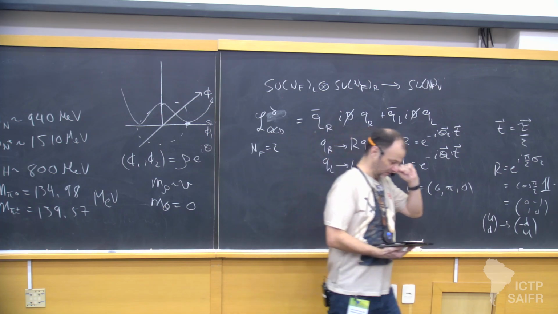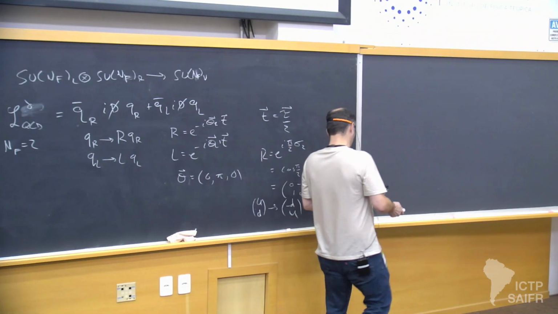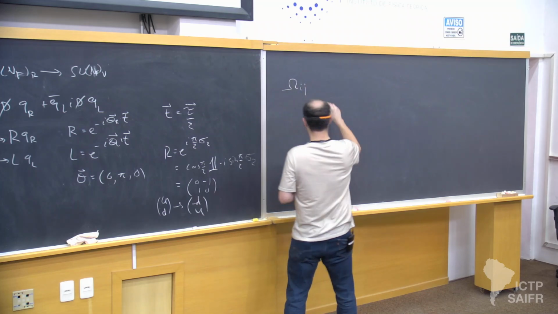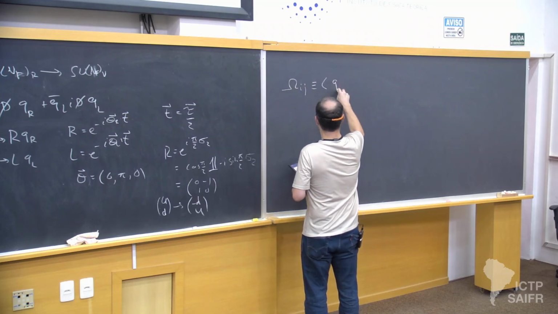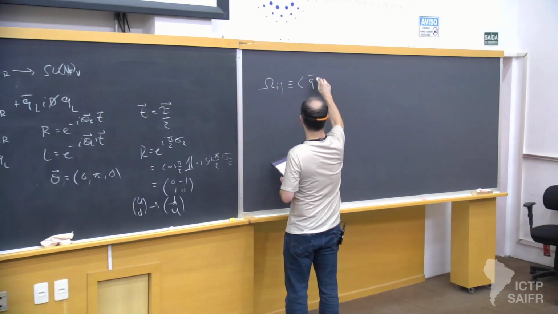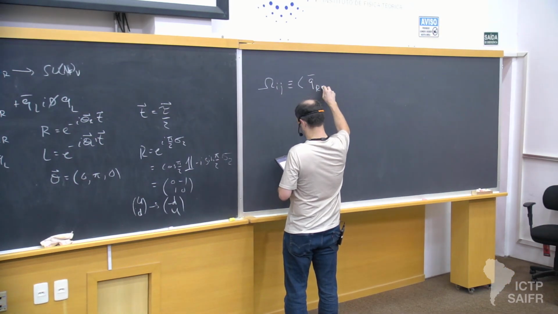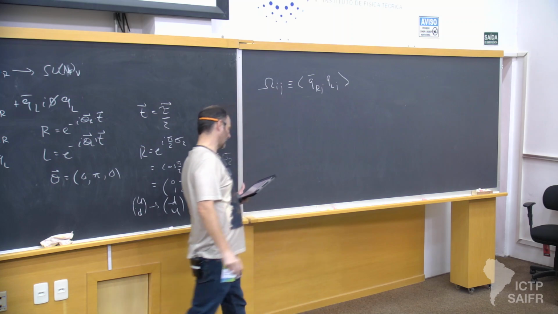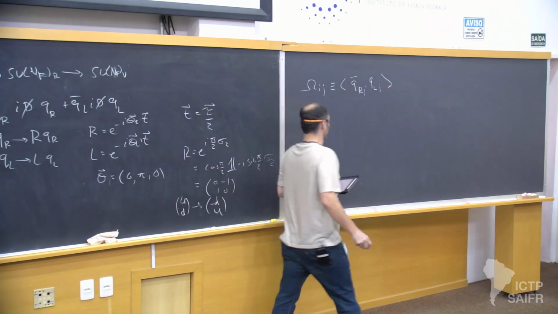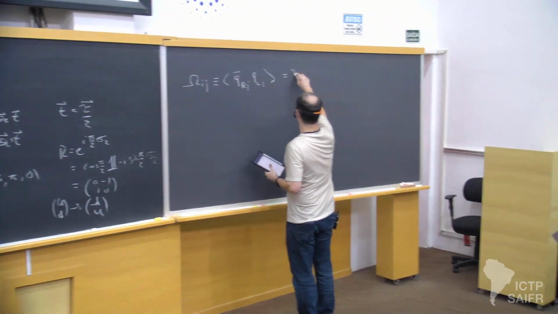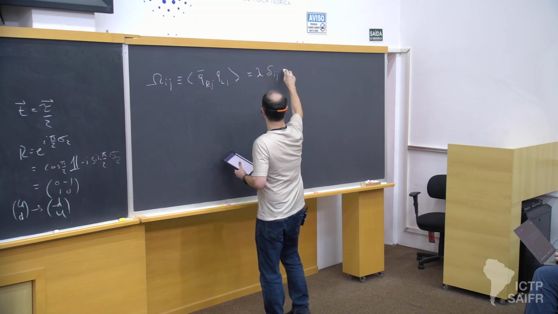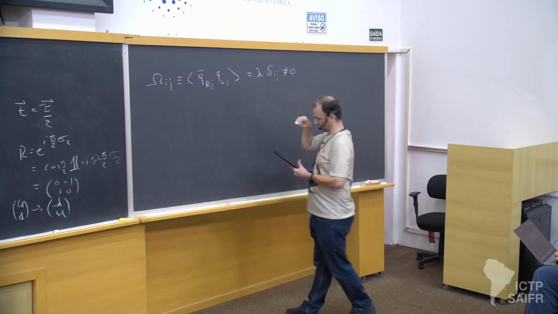Okay, so now let's consider this peculiar quantity. I'll call it omega ij, which is going to be q bar right j, q left i. So what is this? This is going to be some dimensionful number times delta ij, which is not going to be 0.